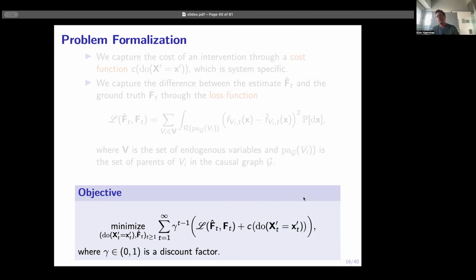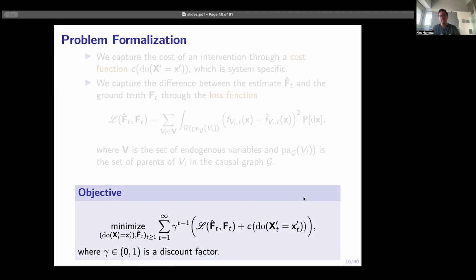And the reason why we optimize over an infinite horizon is because we are trying to do this online. So it may be that the system will terminate at some point in time, but we don't know when that will happen or if it will even happen. So for that reason, we optimize over an indefinite time period.